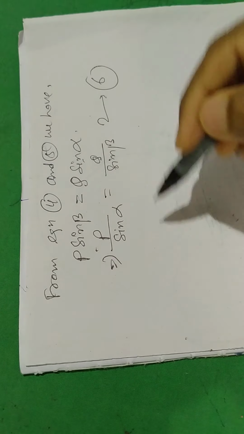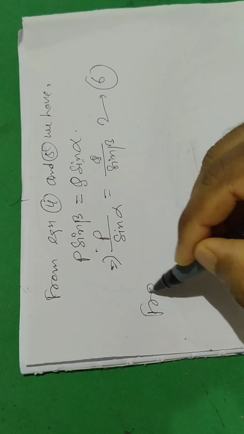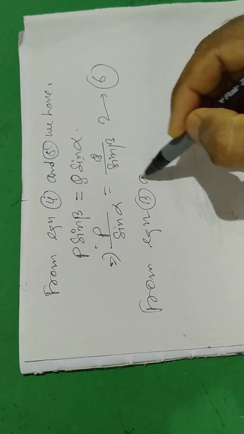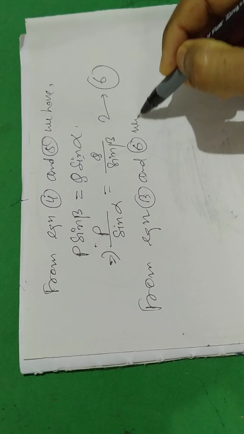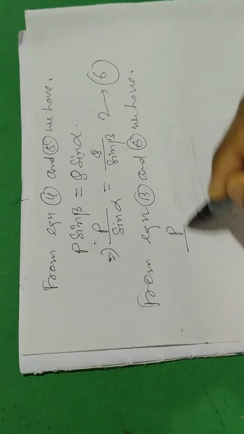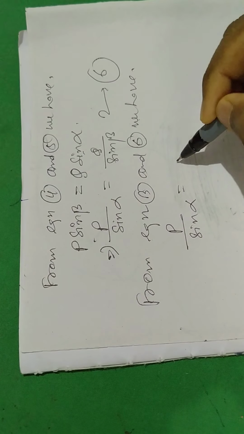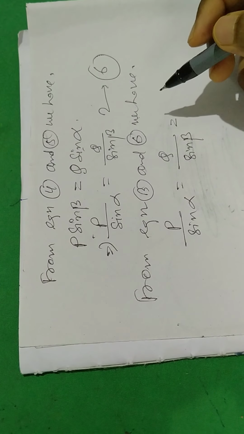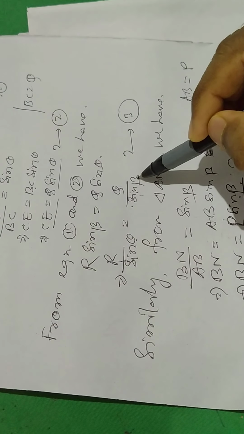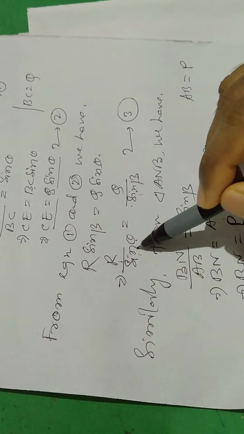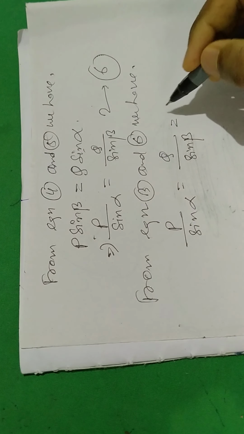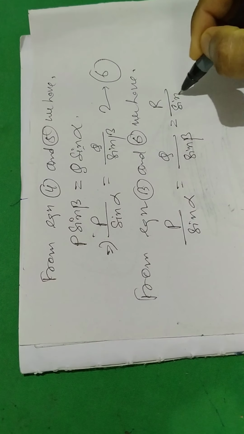Therefore from equations 3 and 6 we have P by sine alpha equals Q by sine beta, and Q by sine beta from equation 3 equals R by sine theta.